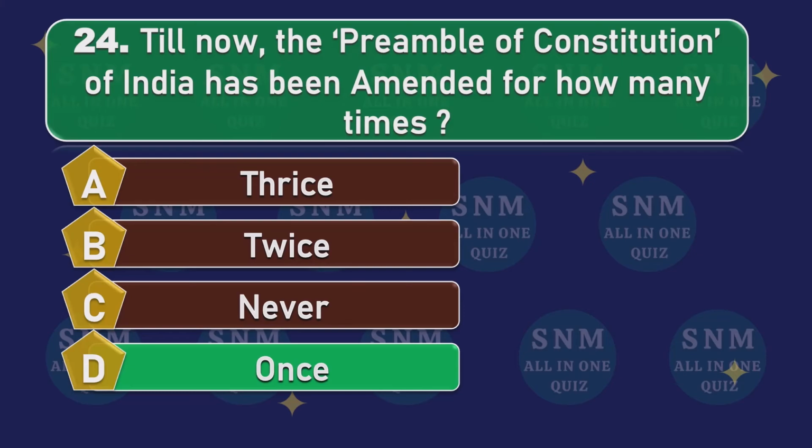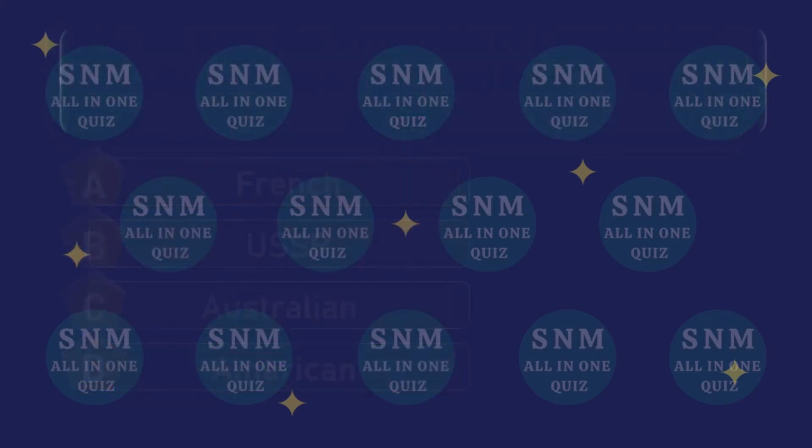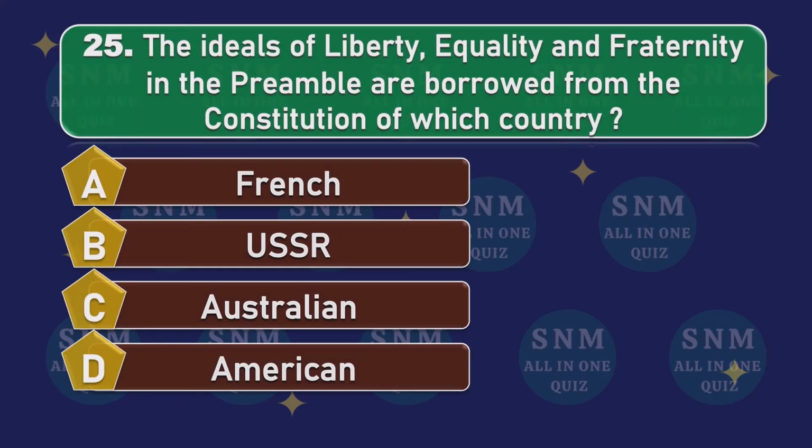Once. The ideals of liberty, equality and fraternity in the Preamble are borrowed from the Constitution of which country? French.